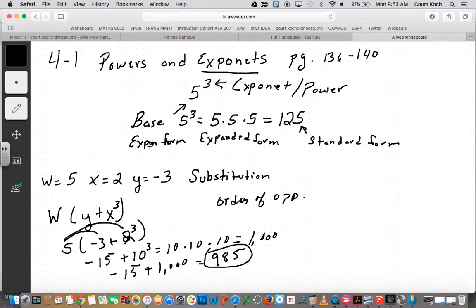Okay? So, remember, this is nothing brand new learning for you, but powers and exponents, you have a base, you have an exponent. I can combine bases as long as the bases are the same. So 5, 5, and 5 are all the same bases.